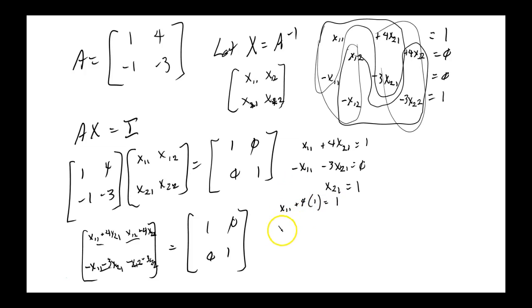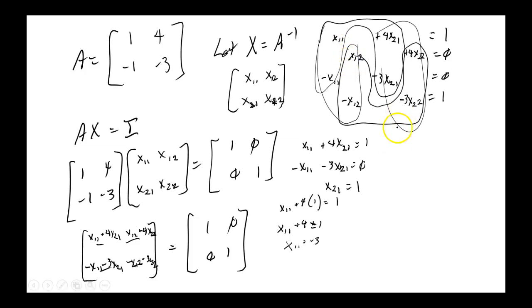So this would be x of 1, 1 plus 4 is equal to 1. So x of 1, 1 is equal to negative 3. Okay? So x of 2, 1 is 1. X of 1, 1 is negative 3.